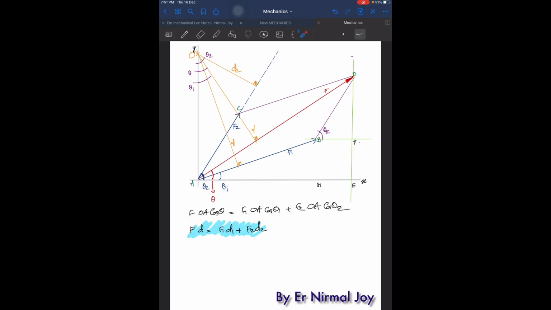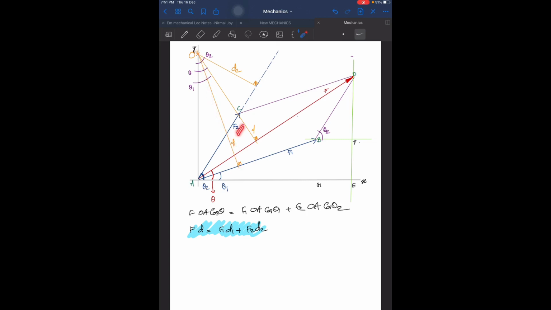So Fd is the moment made by the resultant, F1 d1 is the moment made by its first component, and F2 d2 is the moment made by the second component. This is what Varignon's theorem states. Now let us look at d1 and d2. What are d1 and d2? These are the perpendicular distances from the moment center to the line of action of the individual forces. In some cases you will have to draw the line of action to get the perpendicular distance, and in some cases you don't need to. In the case of the force F1, you don't need to draw the line of action.